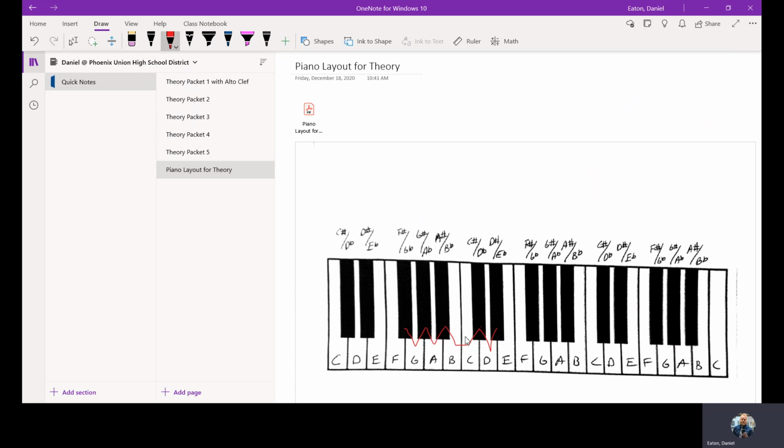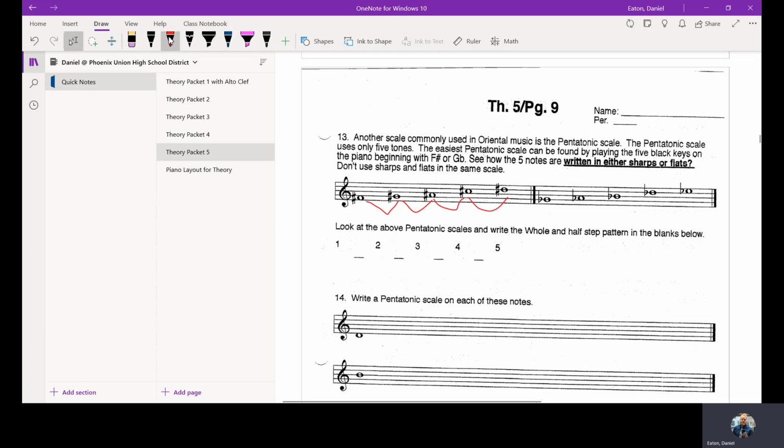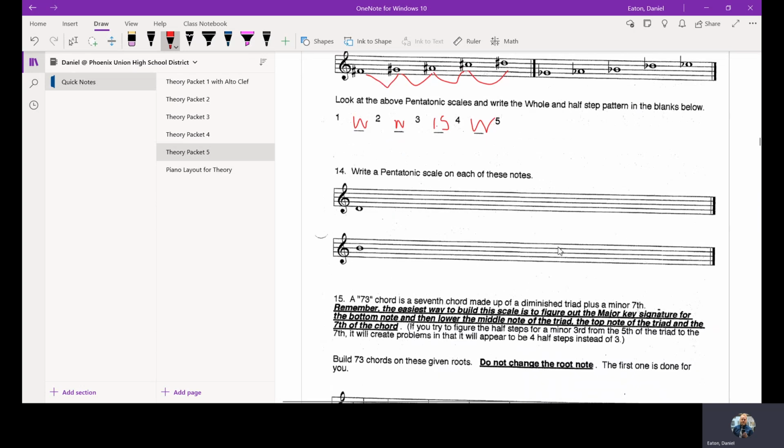So I have whole step, 1.5, and whole step. This pentatonic scale it's asking me to do. So let's write it down. Whole, 1.5, whole.